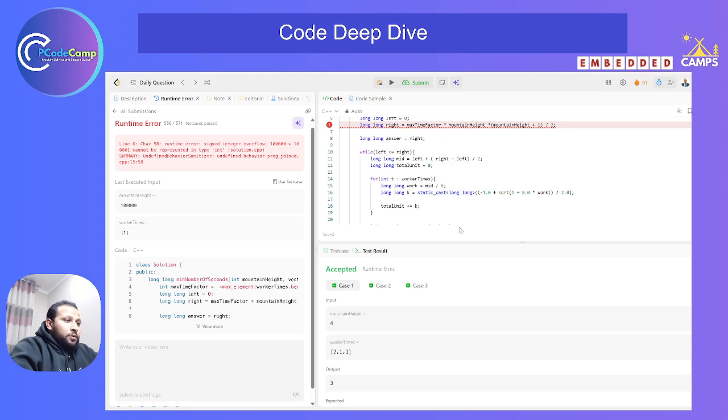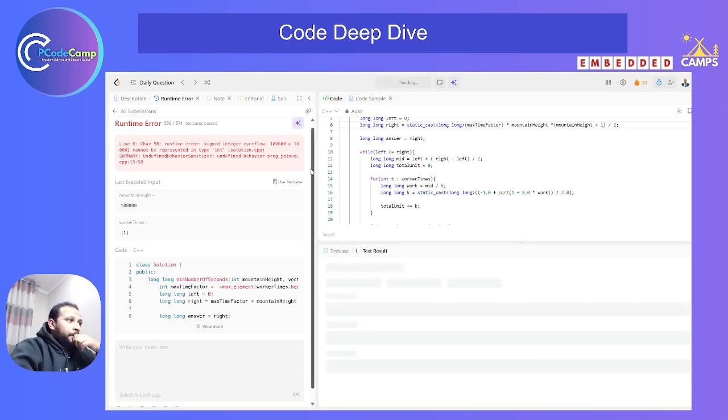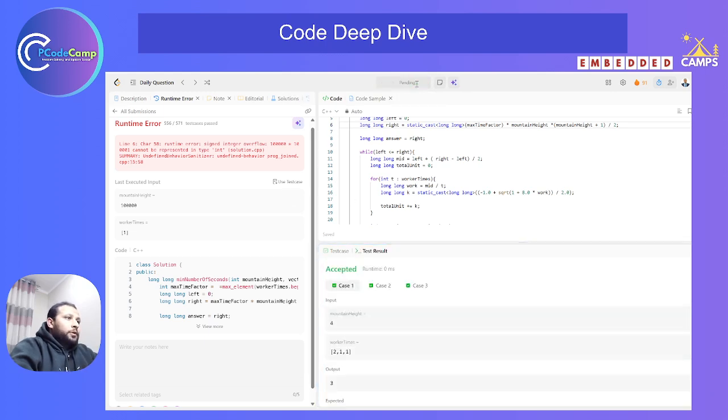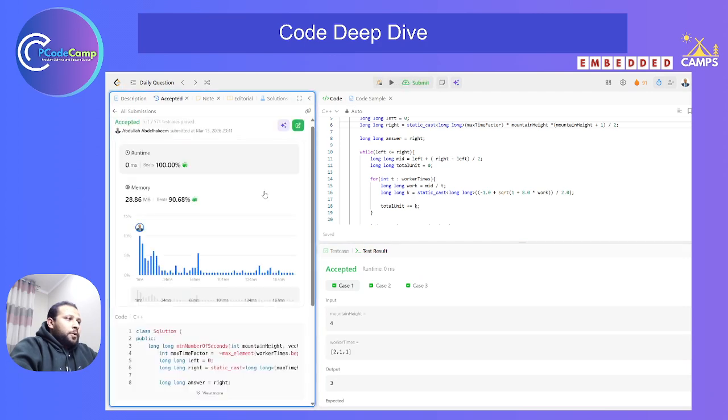So we need to redo this with a static cast to long. Let's check it now. I need to submit directly, sorry. I think now it is okay.